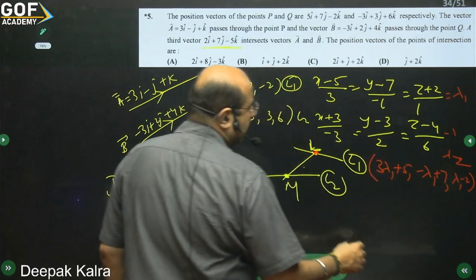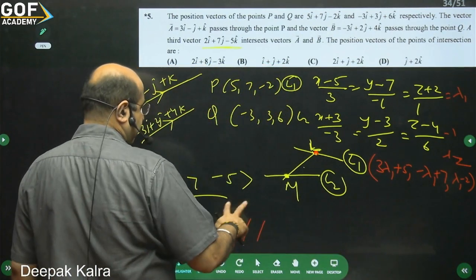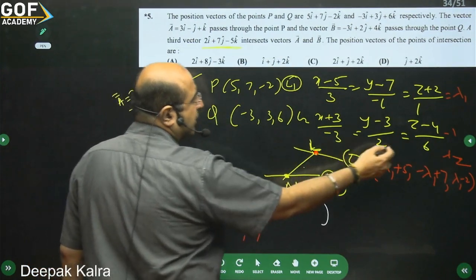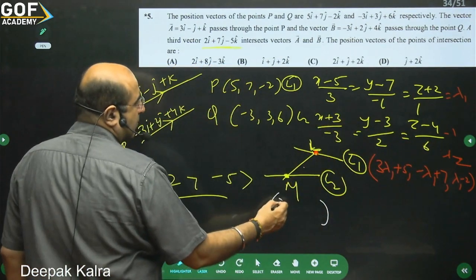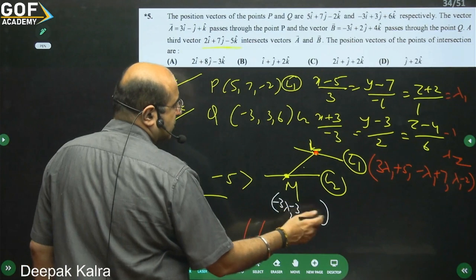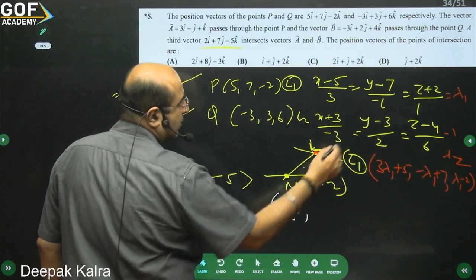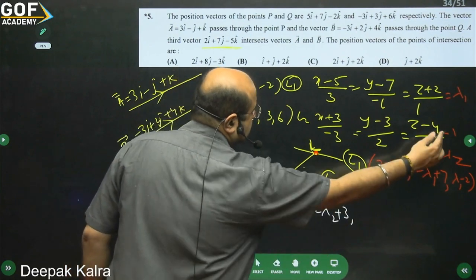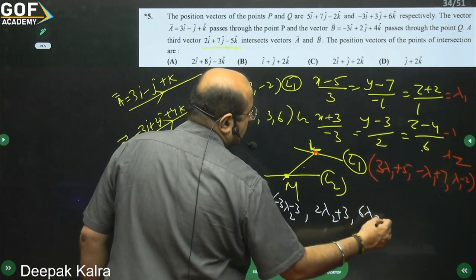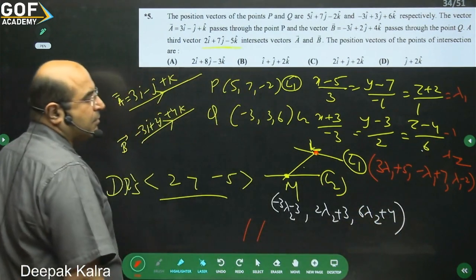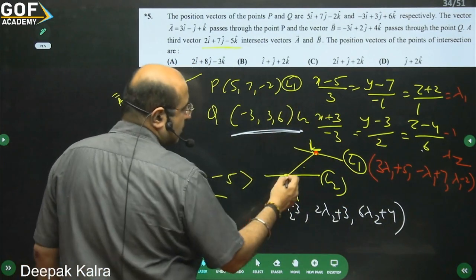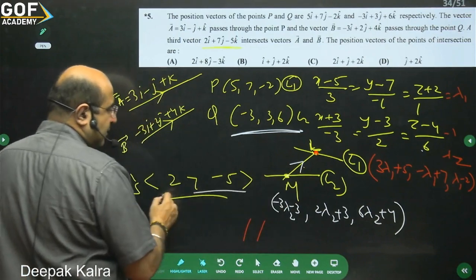You understanding what I am doing? And this M I am going to get from this place: minus 3 lambda 2 minus 3, 2 lambda 2 plus 3 and 6 lambda 2 plus 4. I got this from line 2, from line 1.